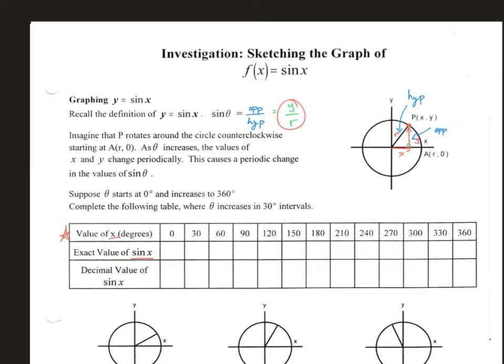We can make a substitution of 0. We should all be okay evaluating the sine of 0. Sine is my opposite side, and if I rotated nothing, then I have no opposite side, 0. I could then continue along, coming up with the exact value of each of those sine ratios.